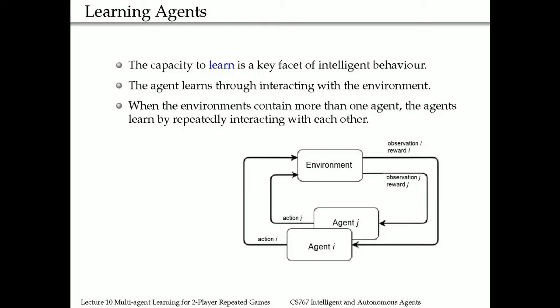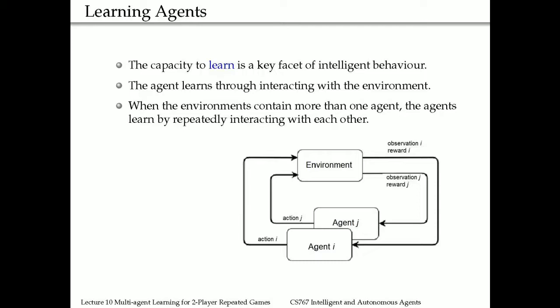So the reason is that the capacity to learn is really a key facet of intelligent behavior. So in any sort of AI system, you would imagine that the agents should have some capability to adapt through the interaction with the environment. Of course, when the environment becomes a multi-agent system, so there are more than one agent in the space, the task of learning also becomes more complicated.